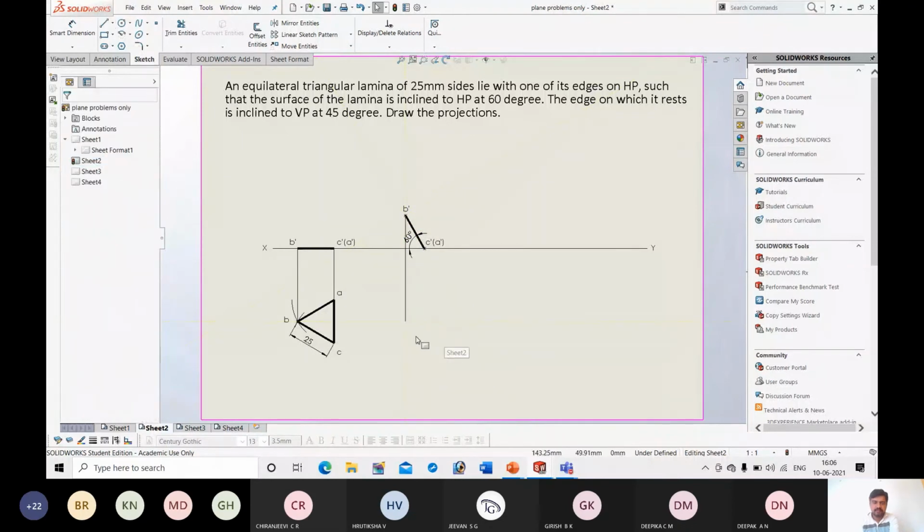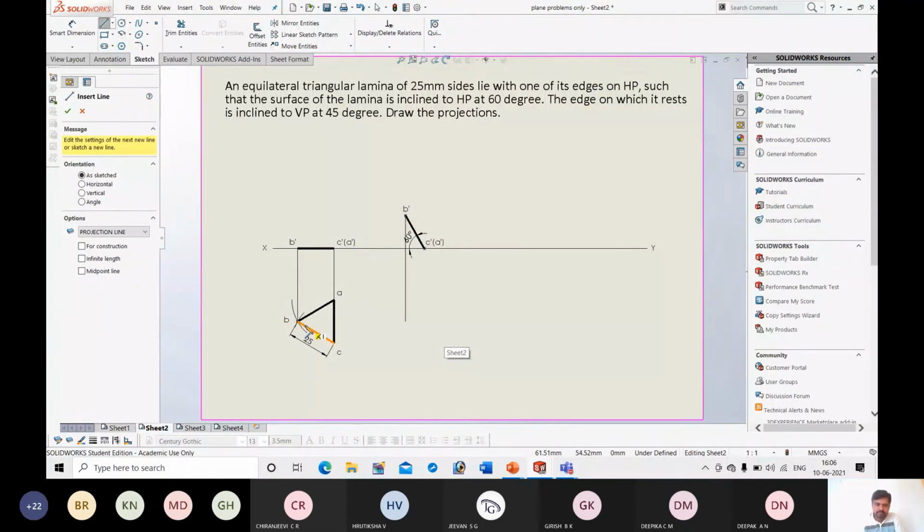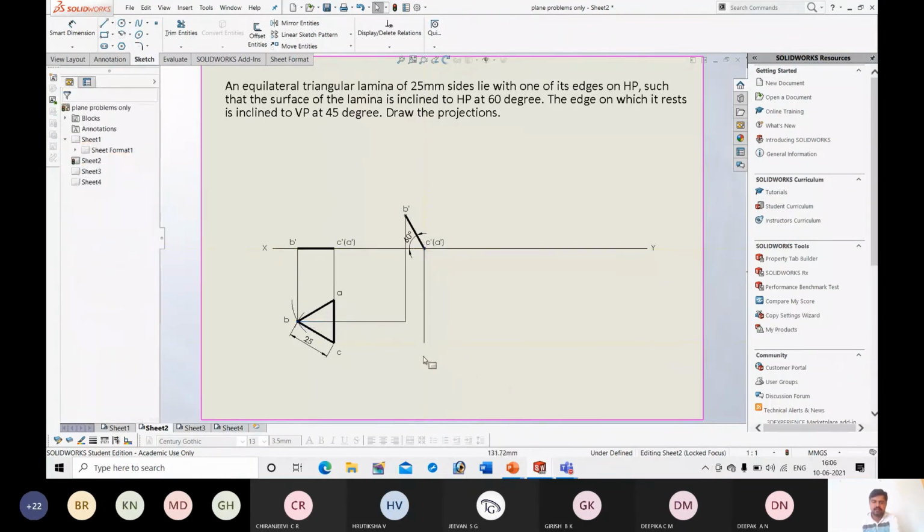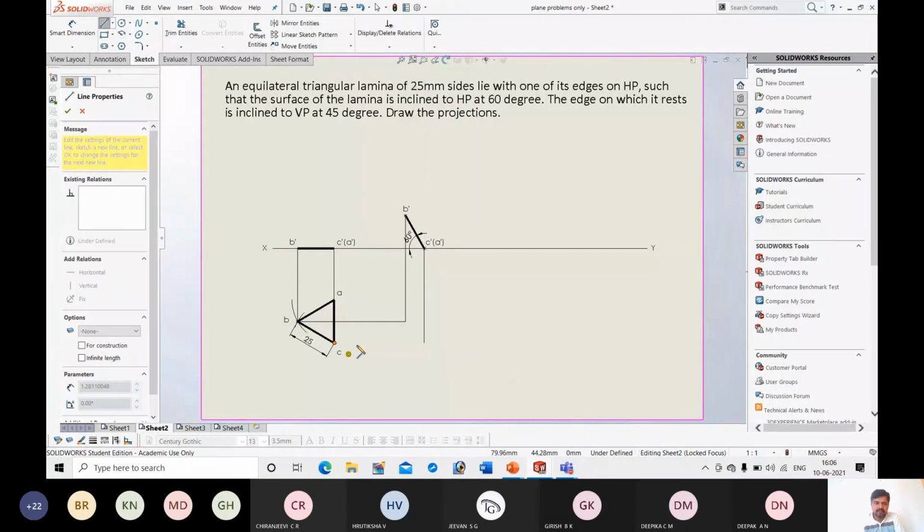Next project points from B in the top view. So this is B. Next project points from this. Next draw the projector of C. Next draw the projector of A. Then connect them.